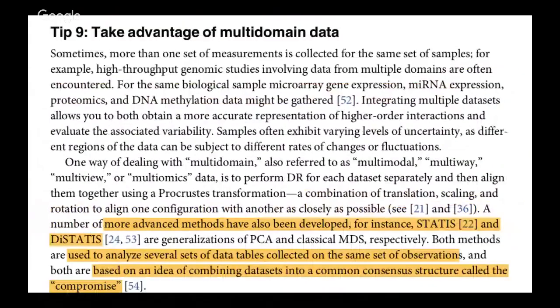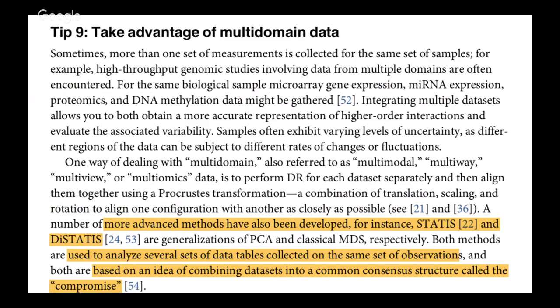Tip number 9 and penultimate, take advantage of multi-domain data. This is again in relation to the multi-omics analysis that people are performing these days, sometimes at the single sample level, single cell level, where they can look at digital gene expression, microRNAs, methylation, ATAC-seq, etc., and you have all these different measurements for almost the same data points, meaning single cells or something else.